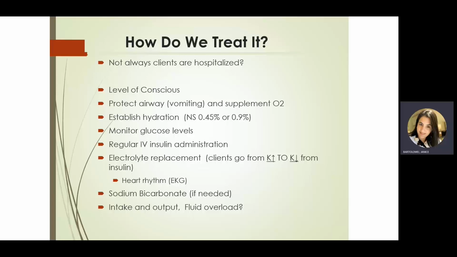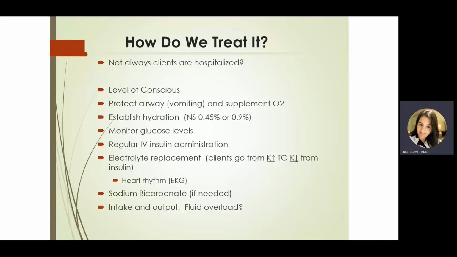Once it starts reaching a 250 level, then they change the solution to NS with a little bit of glucose, so it could be a 5 to 10% dextrose with normal saline. They do that to prevent a crash in their glucose level, so they don't get hypoglycemic, because you're giving them IV insulin at the same time.